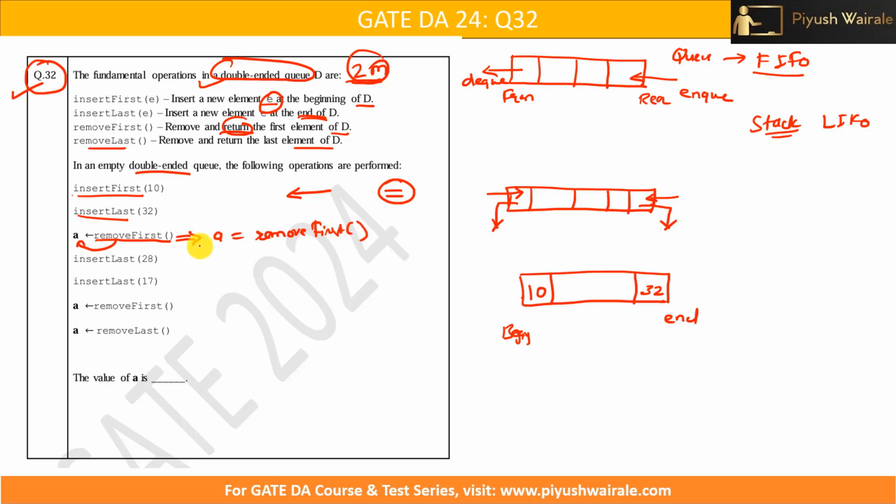Whenever you see this left arrow, the value of this thing is going to be stored in A.